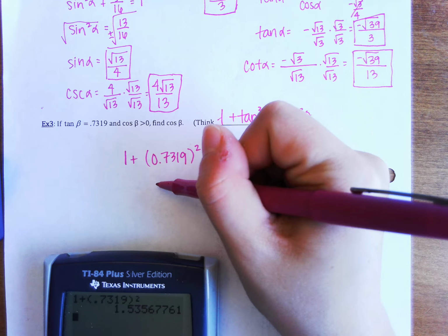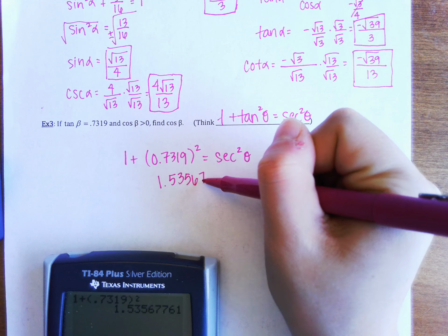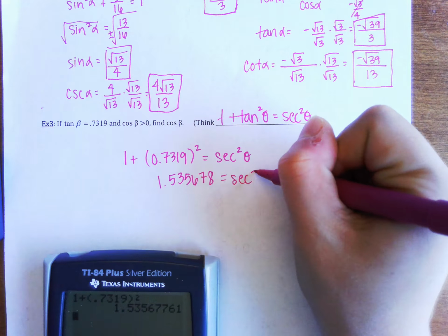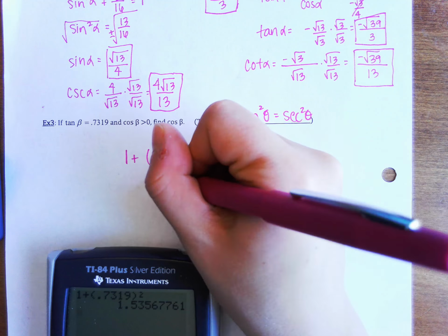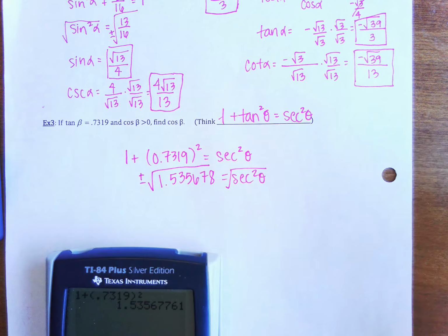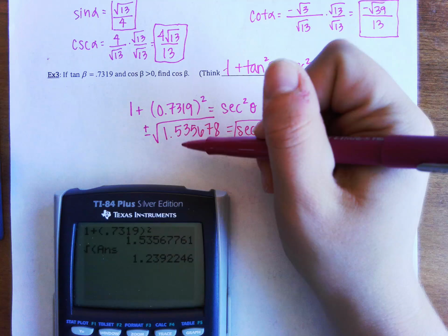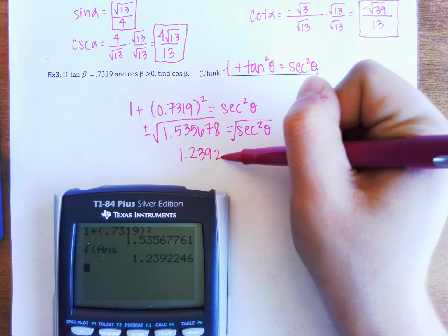So I get 1.53567, I'll round, equals secant squared of theta. And to solve, we'll take the plus or minus square root. So I'll take the square root of that and I'll get 1.23922.